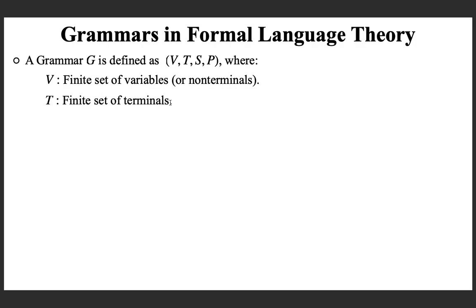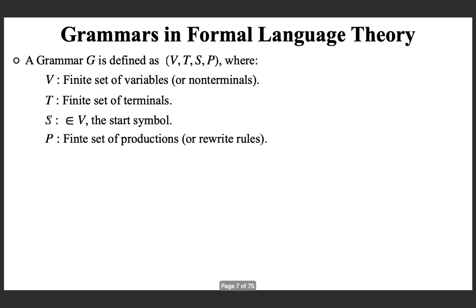They are known as alphabets for an automaton, but here terminal symbols. One of the variables or non-terminals is designated as the start symbol of the grammar, and capital P is the finite set of productions, also called rewrite rules.